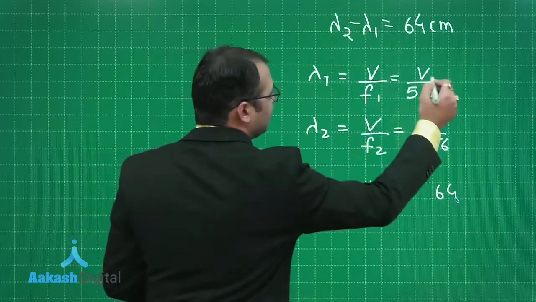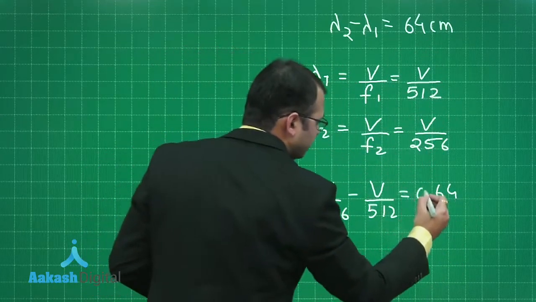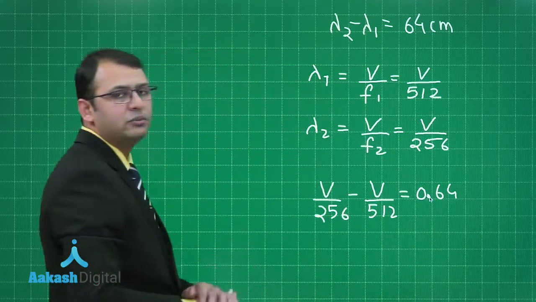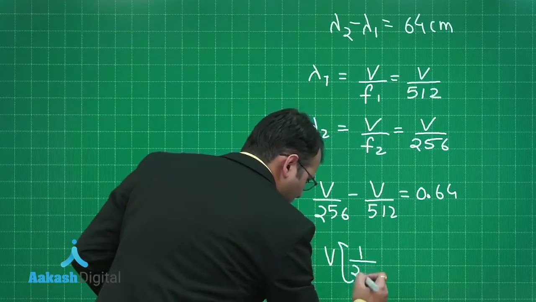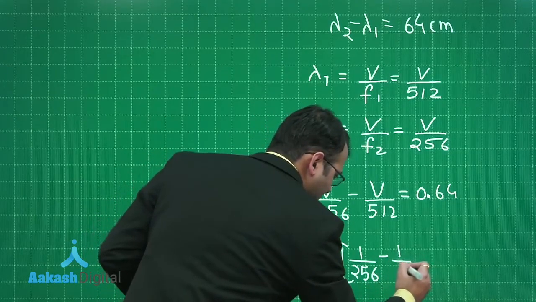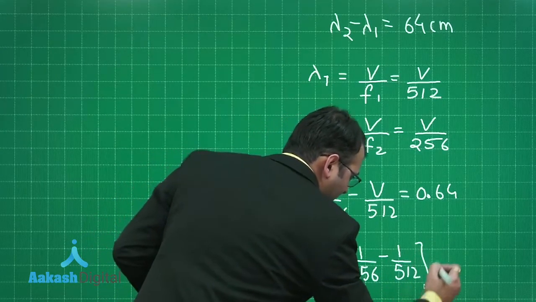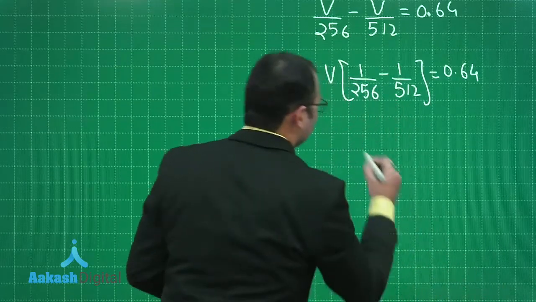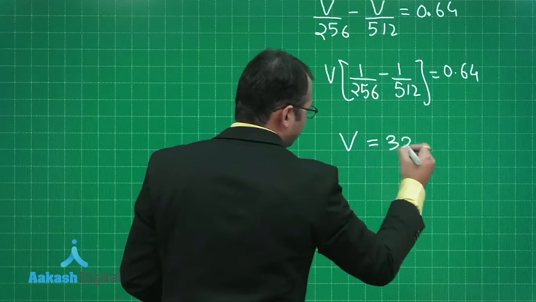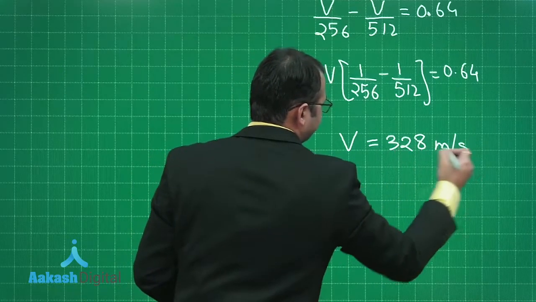No, it is in centimeter and this is a standard value of hertz, so I'll write 0.64 to convert it into meters. Now just take V common, so it will be 1 upon 256 minus 1 upon 512, equal to 0.64. It's now easy to calculate. You will find the value of V would be equal to 328 meter per second.